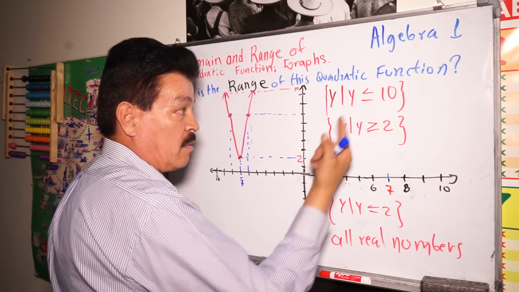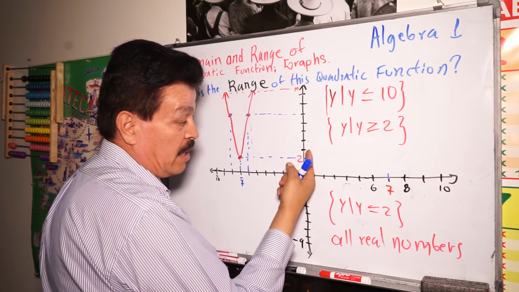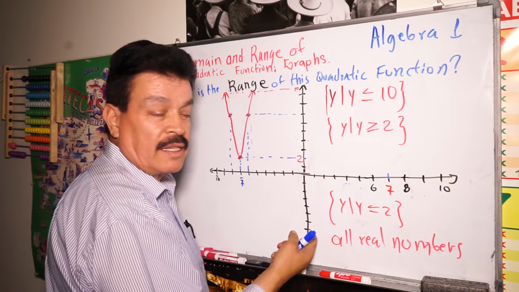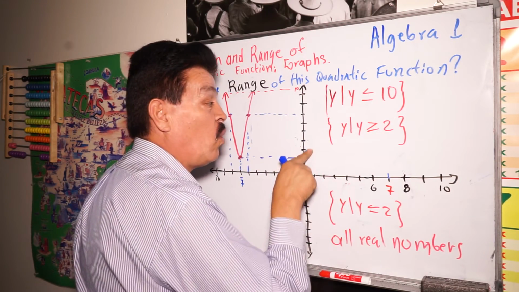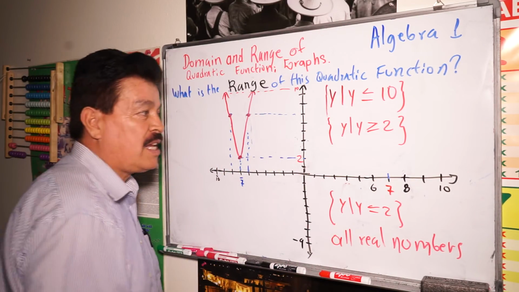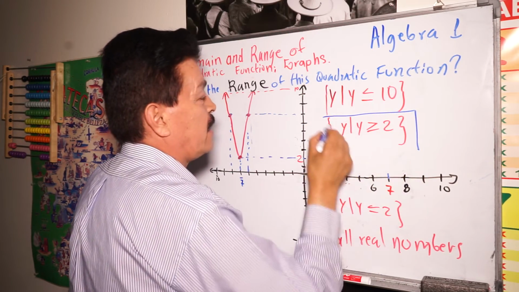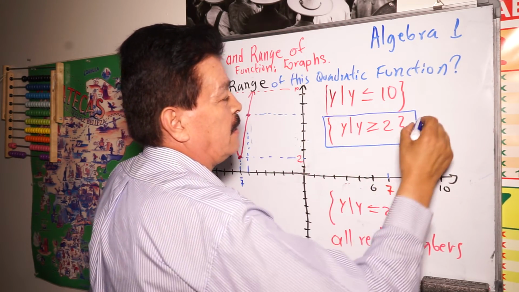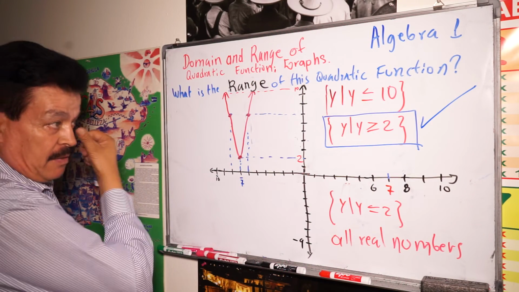Then the first one, less than or equal to 10, is right for going up, but if you go down, it's not right. In this case, greater than or equal to 2 all the way up here. Look at the graph. You see? So this is the right answer. This is the range of this quadratic function.